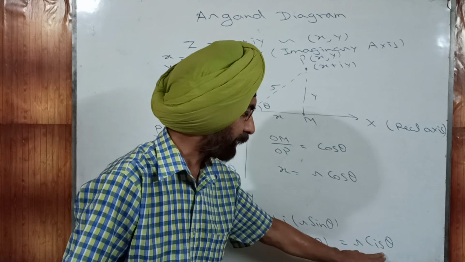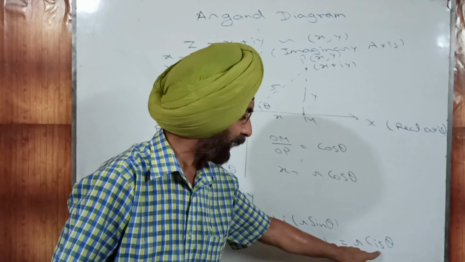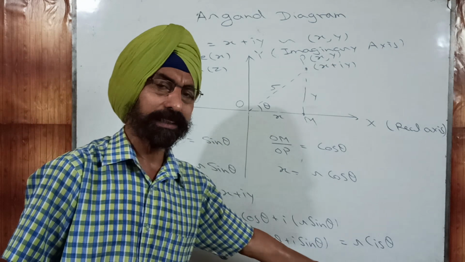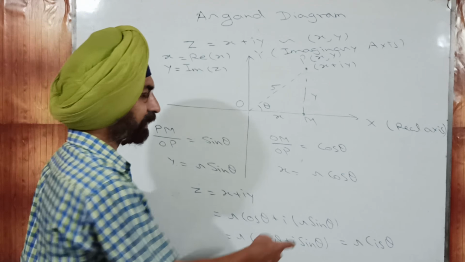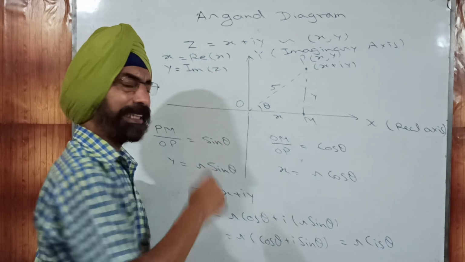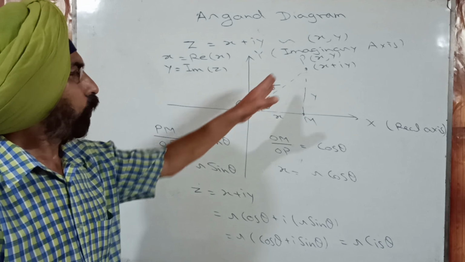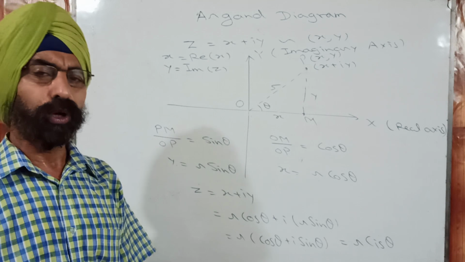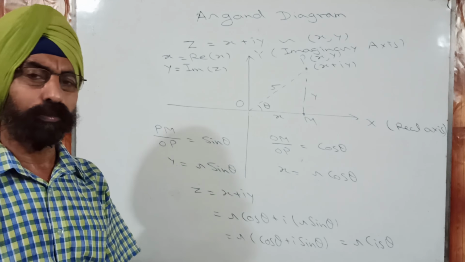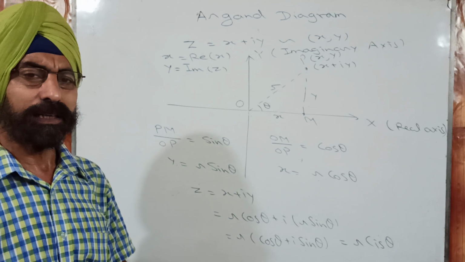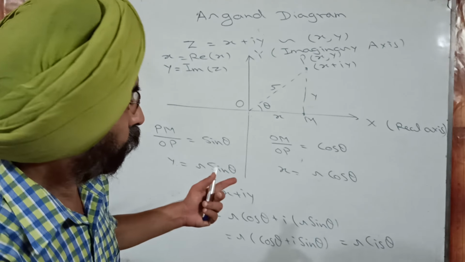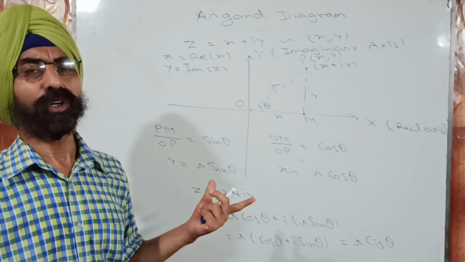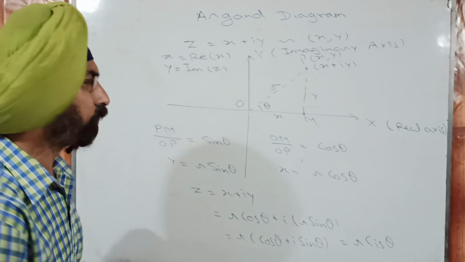In this form of the complex number z, written as r cis theta, r is the distance of the point from the origin and theta is the angle made by the line OP with the positive direction of the x-axis. This form of z is called the polar representation of the complex number z is equal to x plus iota y. So what we have covered just now: Argand diagram and representation of a complex number in polar form.